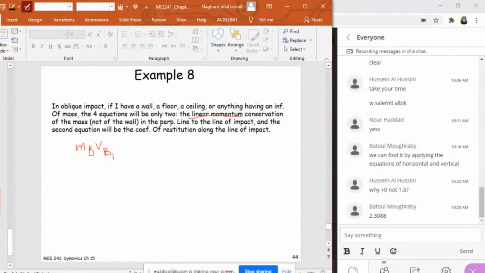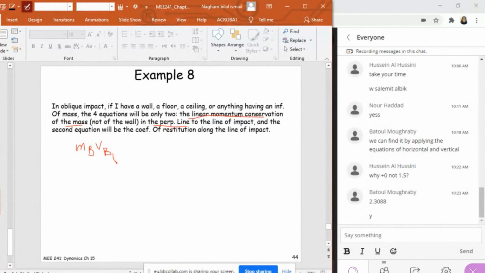If I want to apply the linear momentum conservation of the mass in the perpendicular line to the line of impact, it's MB VB1Y, perfect. Is equal to MB VB2Y, because here the line of impact is along X, which means they have the same VBY, right? So this is the first equation.